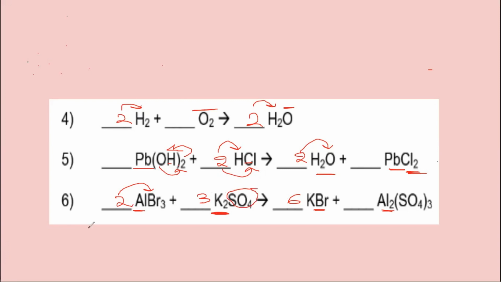You will not count sulfur and oxygen separately. Sulfate radical is one thing. So 3 SO4. See, in the product side, there is already 3 SO4. Count again. 2 aluminium, 2 aluminium, 2 3s are 6 Br, 6 Br, 6 potassium, 3 2s are 6 potassium, 3 SO4, 3 SO4. Equation is balanced.